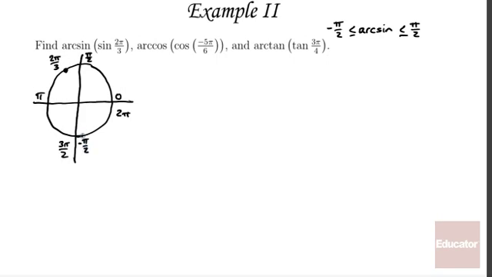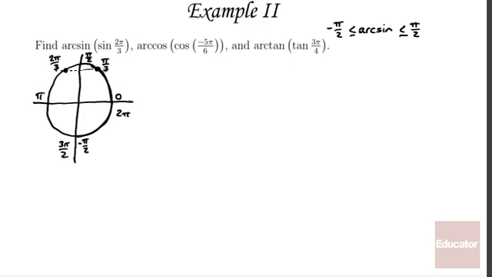We want to find an angle between negative pi over 2 and pi over 2, on the right-hand side, that has the same sine as 2 pi over 3. Well, sine is the y value. So we want something that has the same y value as 2 pi over 3. So that angle right there has the same y coordinate as 2 pi over 3.